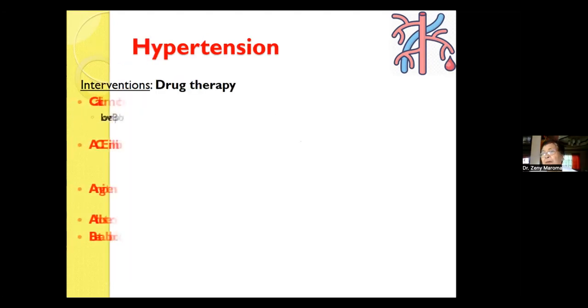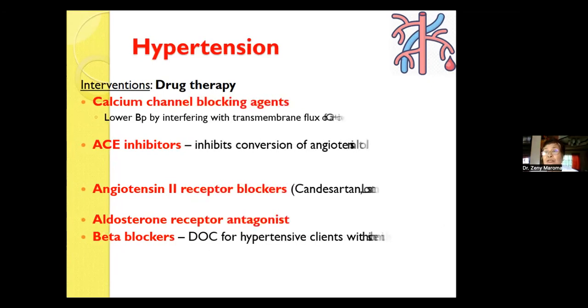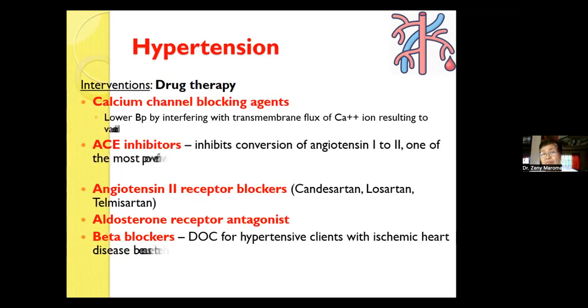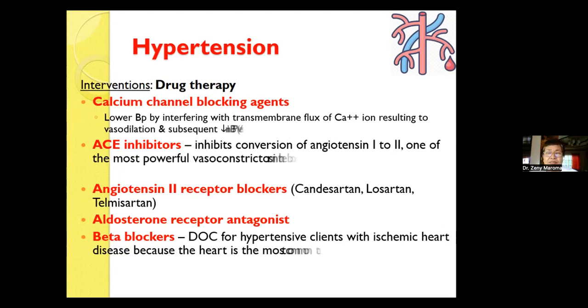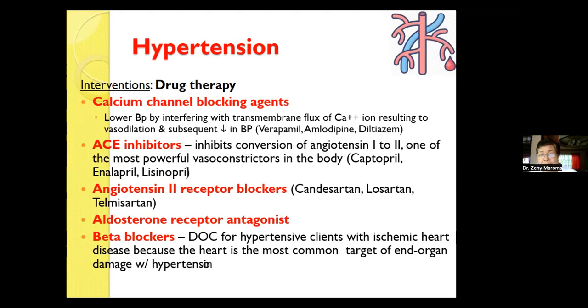Ano pa mga drug therapy natin? So we have different drug therapy in here. We have calcium channel blockers. Calcium channel blockers block the influx of calcium ions into the myocardial cells and smooth muscles, na ang tunog, amlodipine, nicardipine, nifedipine, also verapamil, diltiazem. ACE inhibitor, angiotensin converting enzyme inhibitor.